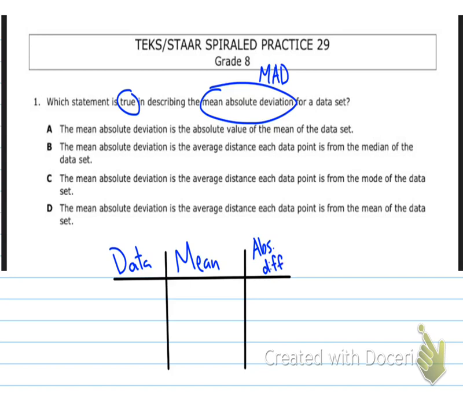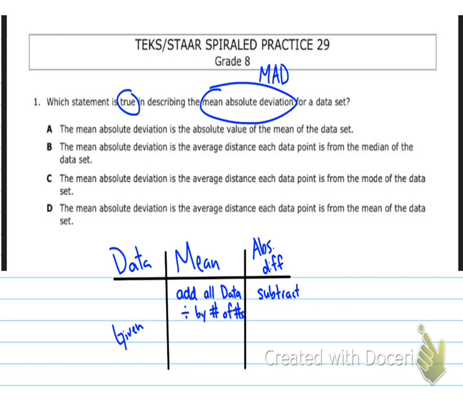So what I teach is that data is pretty much always given. And then for mean, you've got to add all data and then divide by the number of numbers. And then to get the absolute difference, you're going to subtract, but every answer has to be positive, hence the absolute.